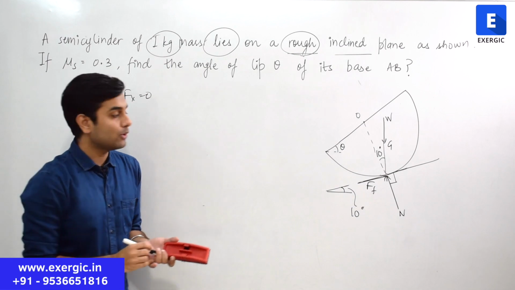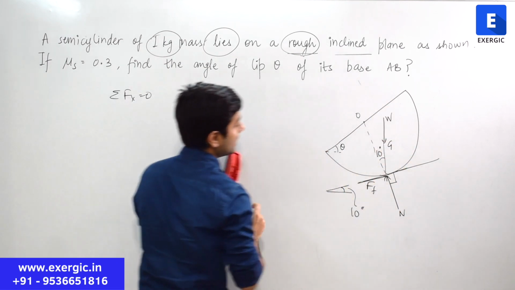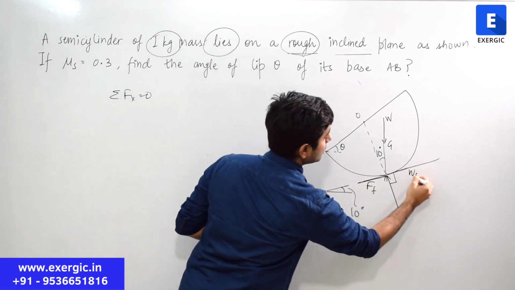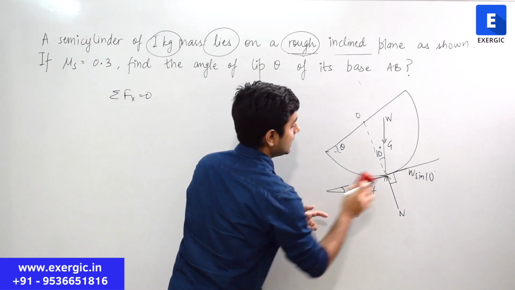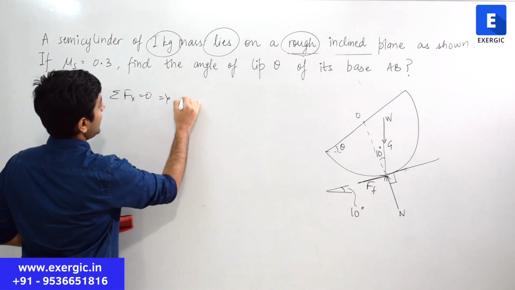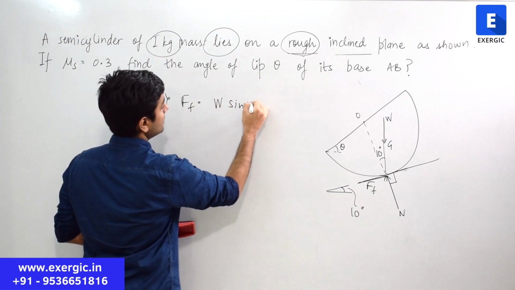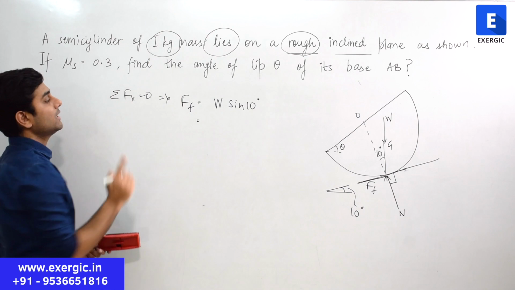So for static equilibrium, F should be equal to W sin 10 degrees, right? This component will be W sin 10, right? So let us equate them. We will get F equal to W sin 10 degrees. Mass is 1 kg.